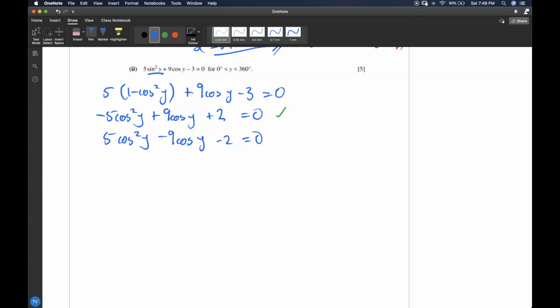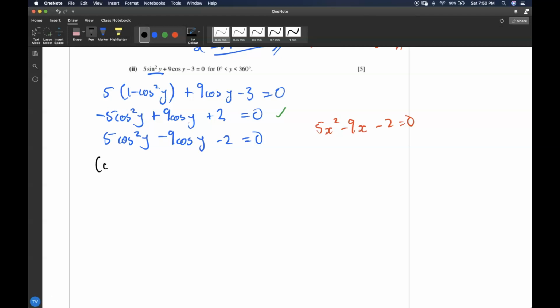Okay, right. So you can either use your calculator or other methodology to factorize this. Notice that this is actually quite similar to 5x squared minus 9x minus 2 equals 0. It's a quadratic function, right? So simplify this using a quadratic methodology and factorize it.